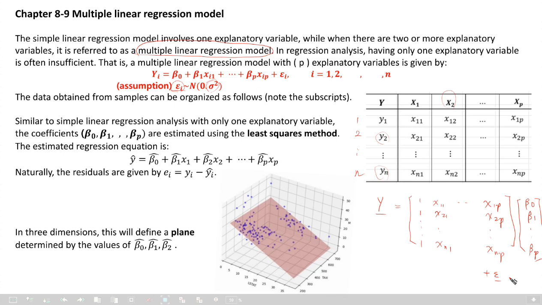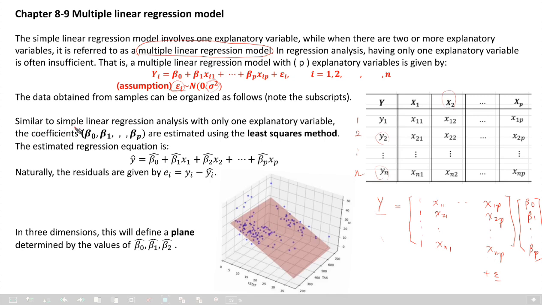Epsilon is the error. This is the multiple linear regression model in vector and matrix form. If you don't understand this kind of vector and matrix, that's okay in this lecture. So I will not explain this part again, so don't worry about that. Anyway, somebody who has a strong background in mathematics will understand what I'm talking about.